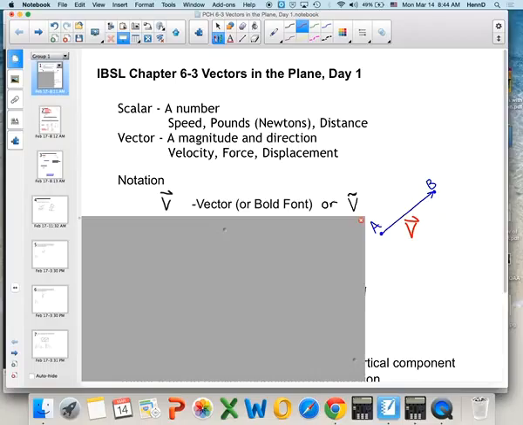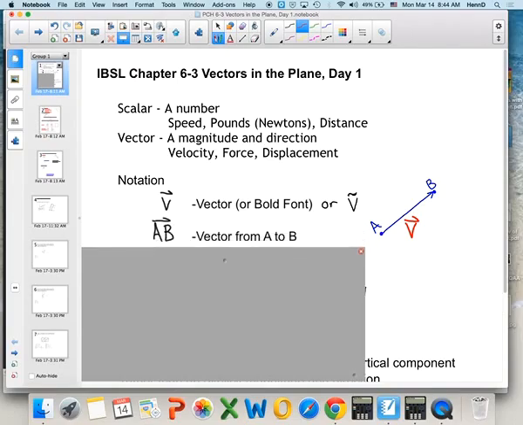We can also use notation that shows what our starting point is and what point we're going towards, okay? So here we have vector AB. This is the vector from A to B. Now, it's important here that you put the letters in the correct order.